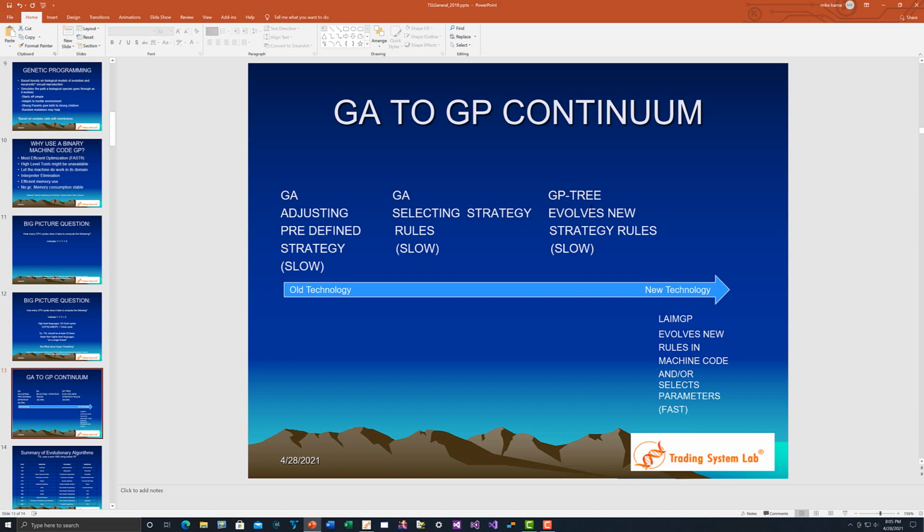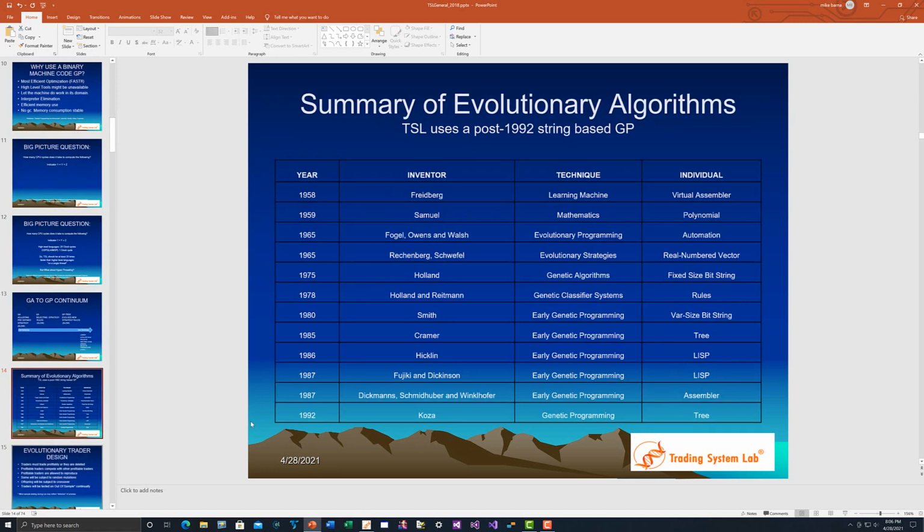In tree-based genetic programming, it's faster, it's evolving new rules, but it's still far slower than the LAIMGP, which is evolving new rules in machine code and or selecting the parameters used, and it's extremely fast because it's running at the machine code level.